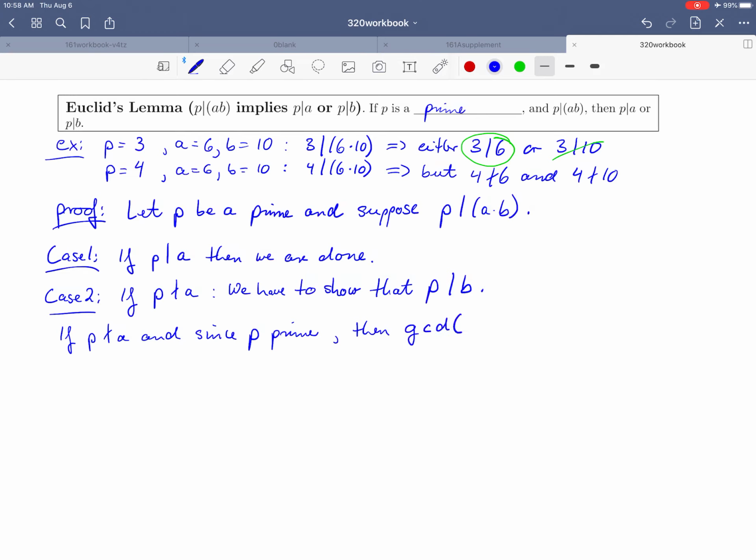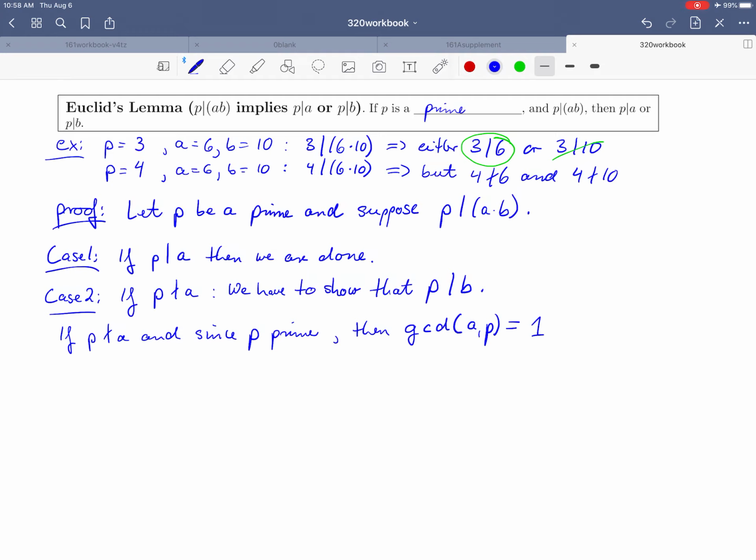That GCD has to be equal to 1 since P is prime, right? It doesn't have any other divisors, and it doesn't divide A, so the GCD of A and P has to be equal to 1.